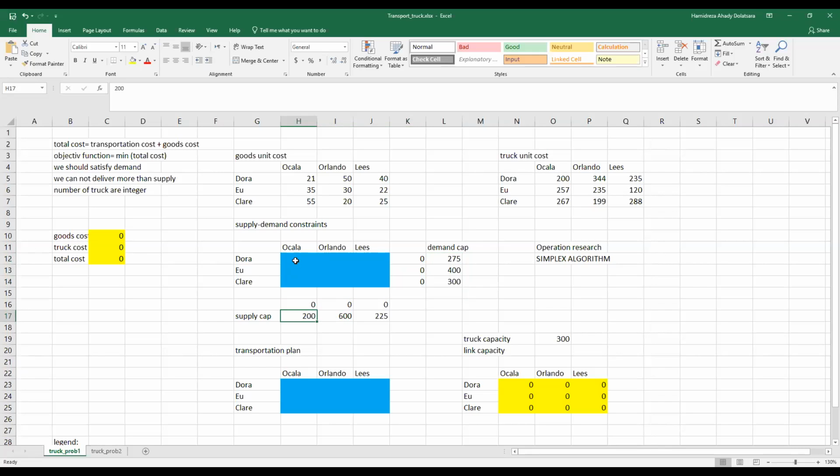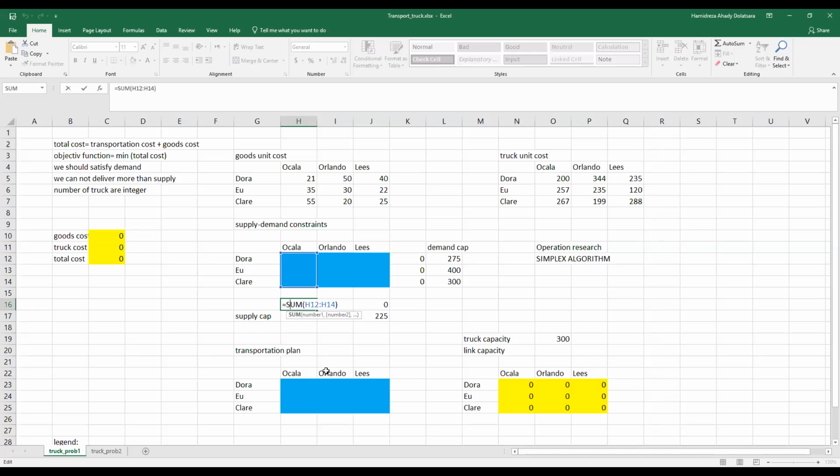Same for columns. If I click on this zero, it's just the summation of everything in this column. What does this summation mean? This much Ocala can supply across all customers. Very good.